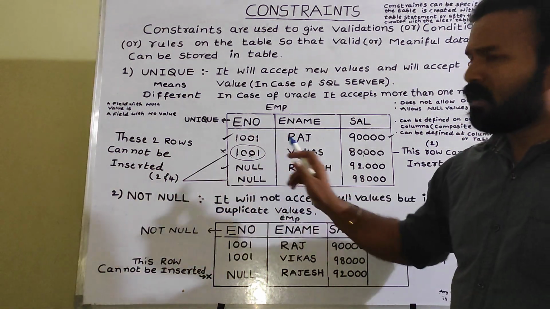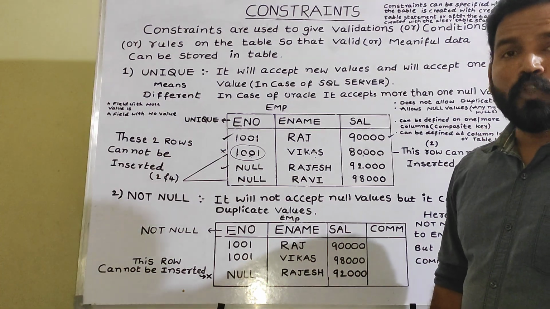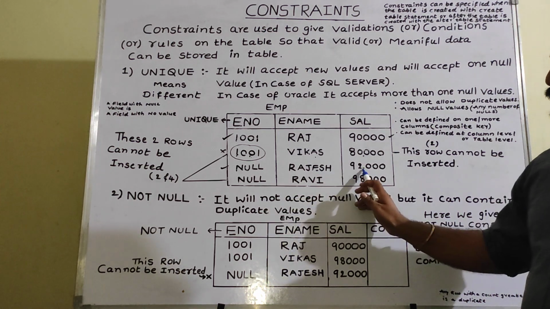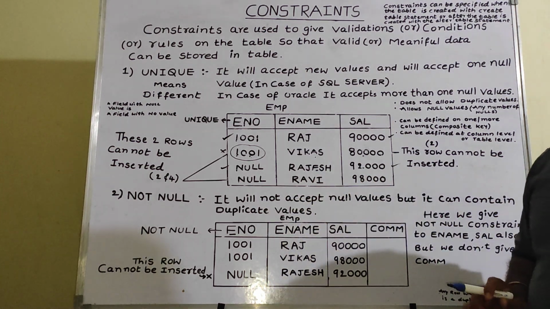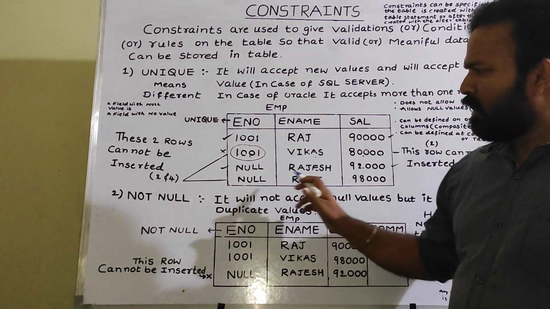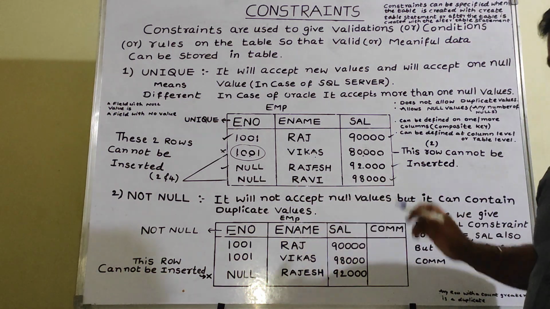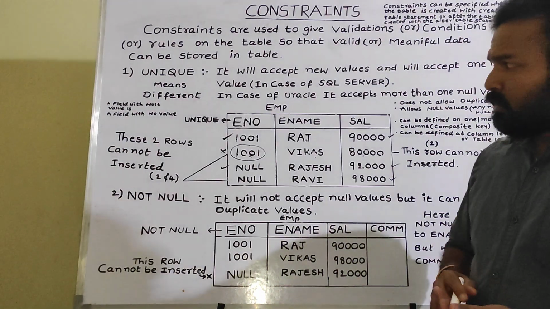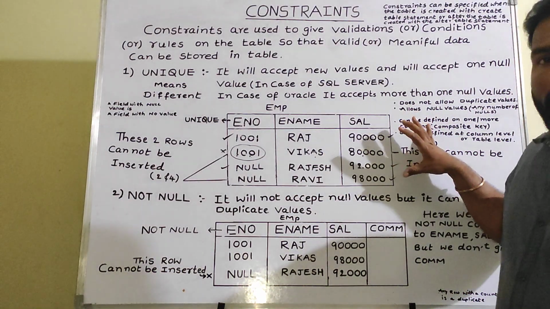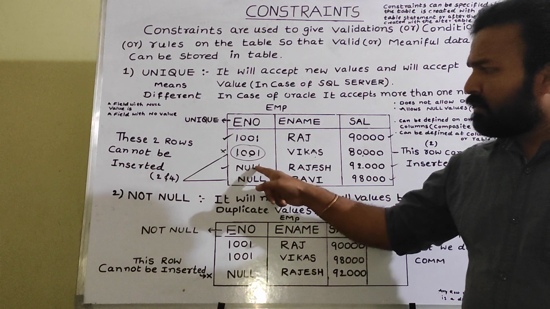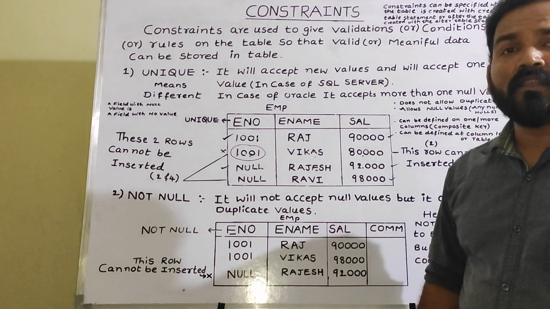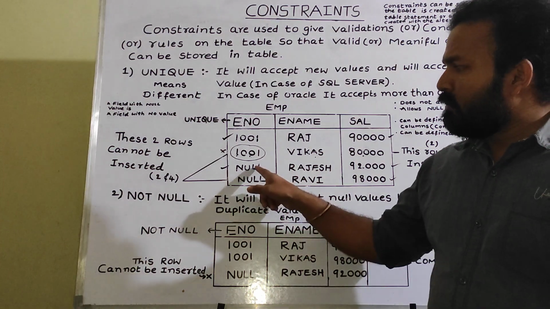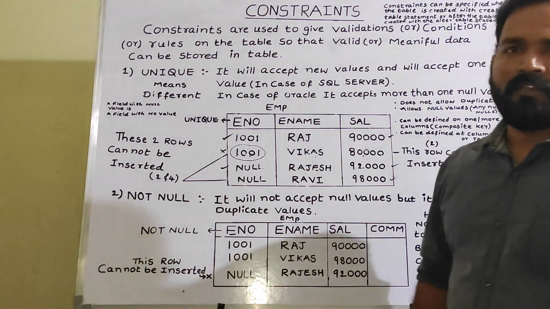The unique constraint does not allow duplicate values. Next, null, Rajesh, 92,000 is accepted, and null, Ravi, 98,000 is also accepted and inserted. So in case of Oracle, it will accept more than one null value.